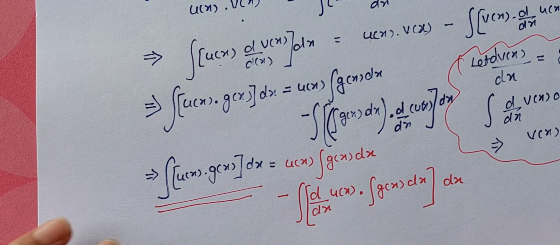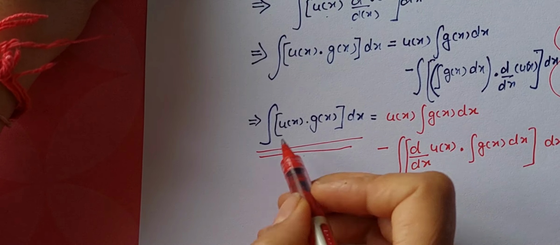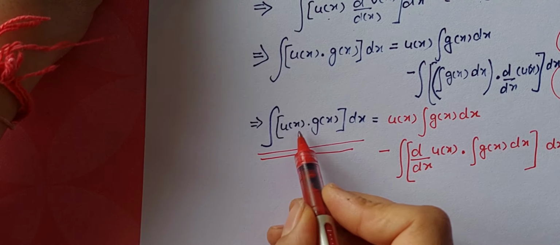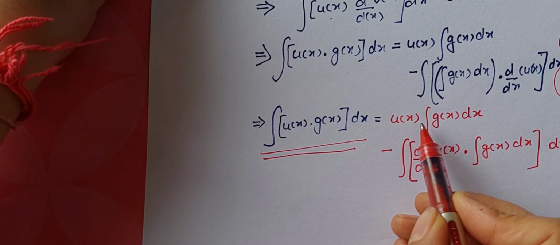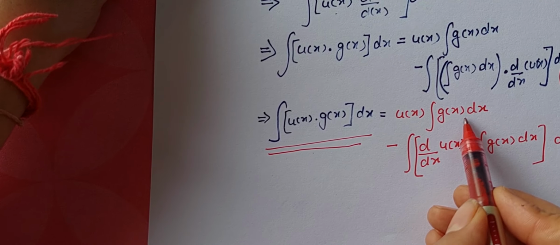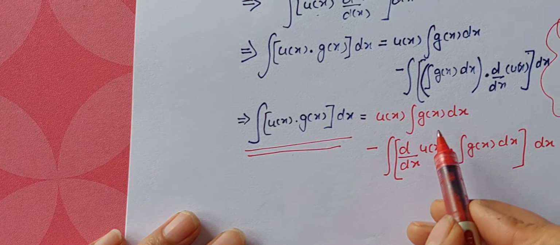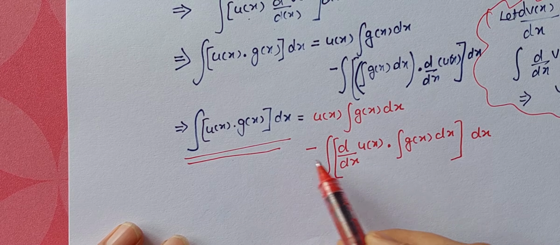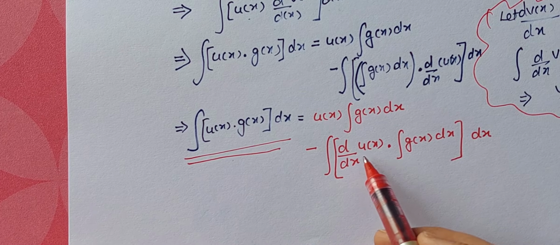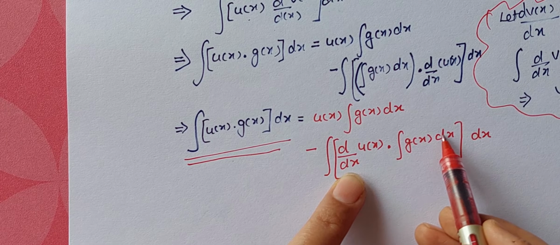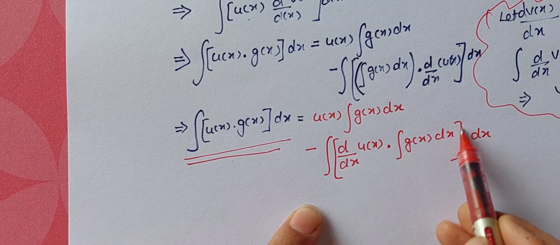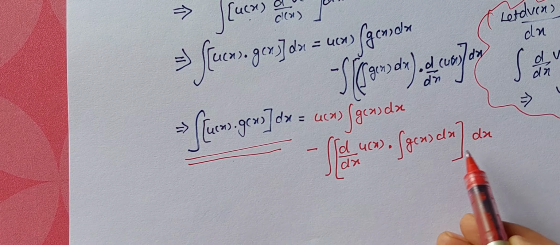So the integral of a product of two functions is equal to the first function into the integral of the second function, minus the derivative of the first function, integral of the second function, and then again the integral of their product.